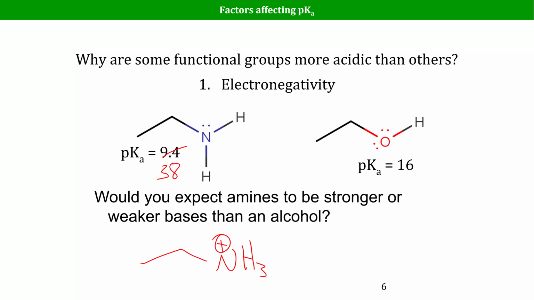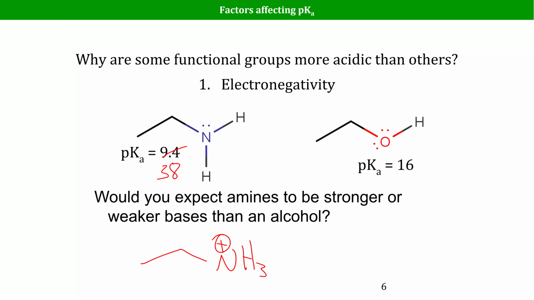So I copy and pasted a number for a pKa for an amine, but the wrong pKa. The right pKa for this amine, if we're just trying to pull a hydrogen off of it, is a 38. So amines are worse at being an acid than alcohols.